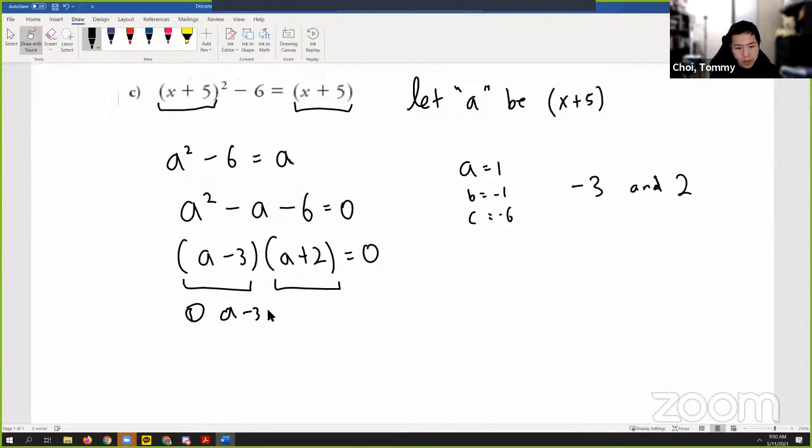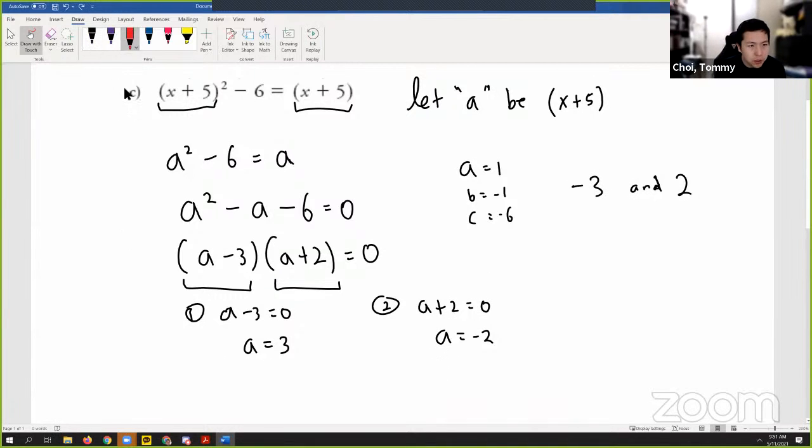So then we're going to get a minus 3 is equal to 0, which is a equals 3. And over here, the second one would be a plus 2 equals 0, and that's going to give us a equals negative 2. Once we have that down, we are then going to replace our a's back into x plus 5.